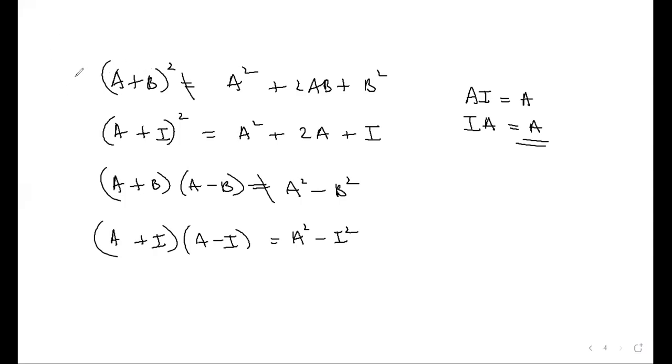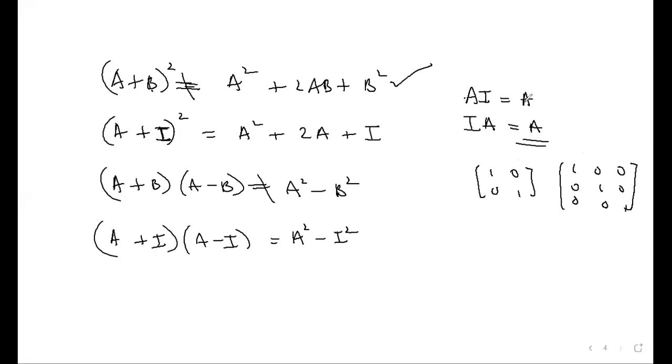So what did I say just now? In general, algebraic formulas are not true in case of matrix. So A plus B the whole square cannot be written this way. But if one of the matrices is the identity matrix, in that case all the algebraic formulae can be applied.